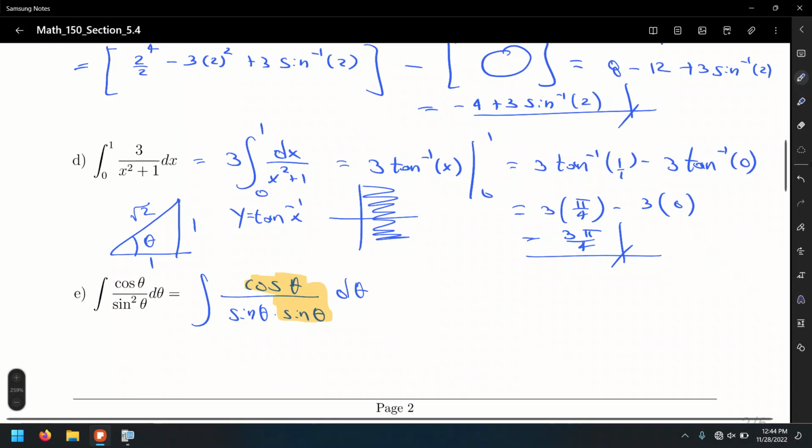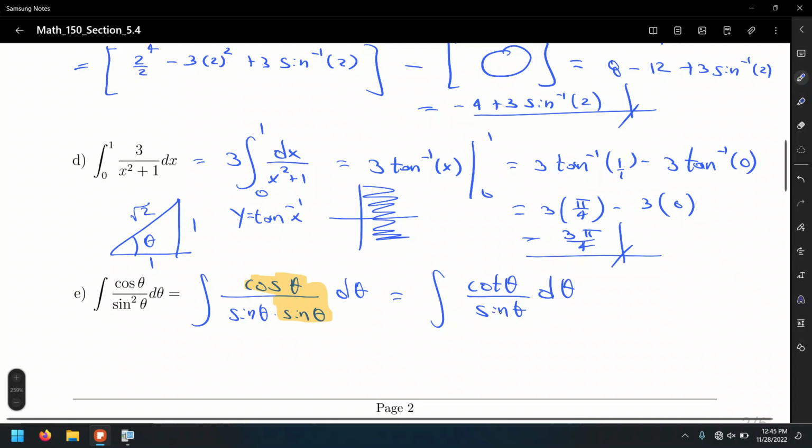Tangent theta. I think tangent theta is the other one. It's sine over cosine. So this one, which is the reciprocal, has to be cotangent. So cotangent theta, still over sine. And I'm going to move this sine theta to the numerator using another identity.